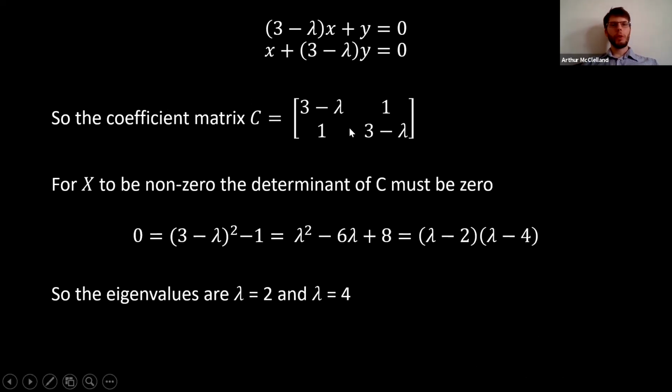When we have this matrix as the coefficient matrix for solving the eigenvalue equation, the determinant of this matrix has to equal 0. So we end up with a quadratic equation, and the quadratic equation has certain roots. It comes out with lambda equals 2 or lambda equals 4. Those are the roots of the quadratic equation.